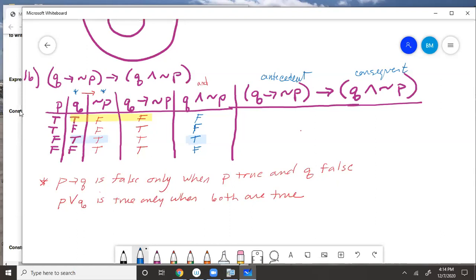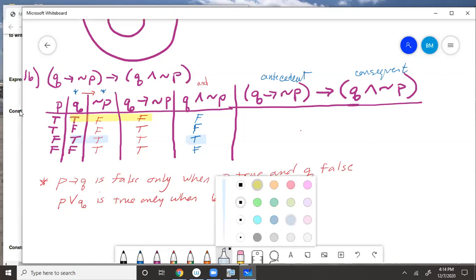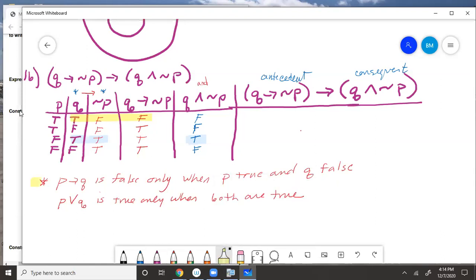So where is that happening? Wait, can you say that again? Yeah, so right here, this conditional right here is false only when the first part is true and the second part is false.